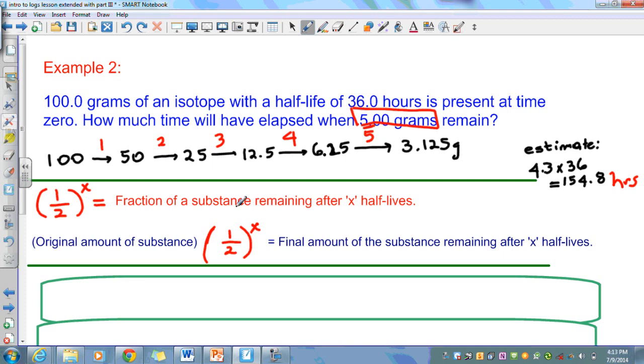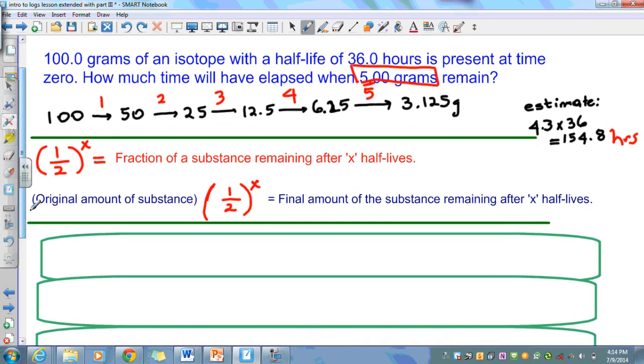That should make sense because 1/2 to the x will give you the fraction that is remaining. So if you multiply the original amount by the fraction, you will get the final amount. For example, if the fraction remaining was 50%, you would take the original amount and multiply it by 0.5, and you would get half of the original amount remaining.